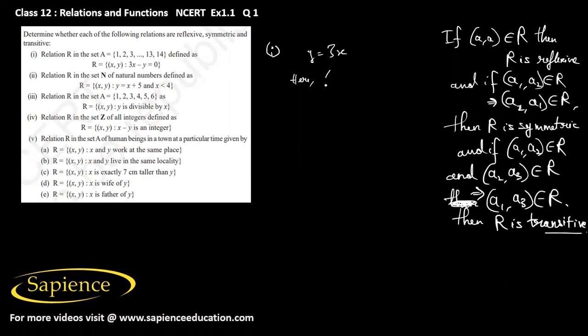So it means that here (a, a) does not belong to the relation R, since a cannot be equal to 3a, since 0 is not an element of the set A. So only (0, 0) could have been an element of R, but since 0 is not an element of the set A, (a, a) does not belong to R. Okay, so R is not reflexive.